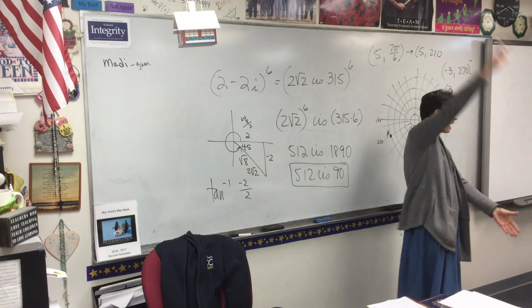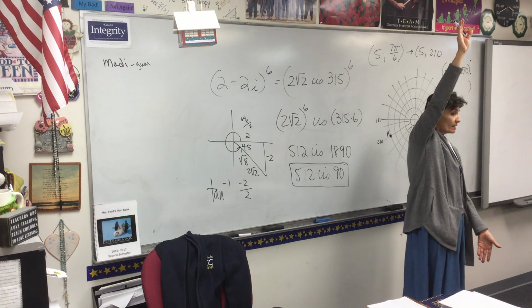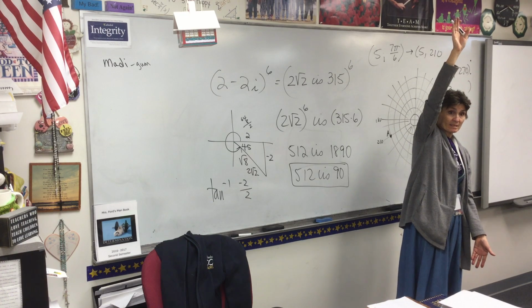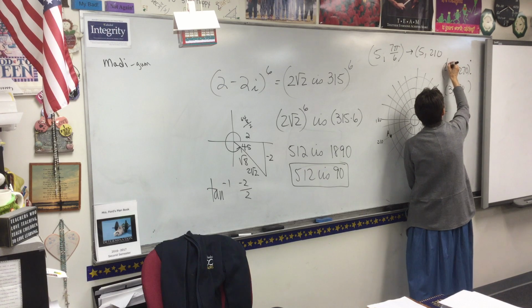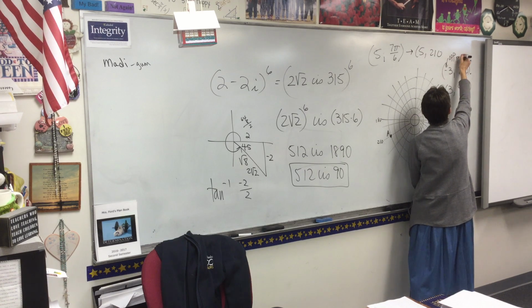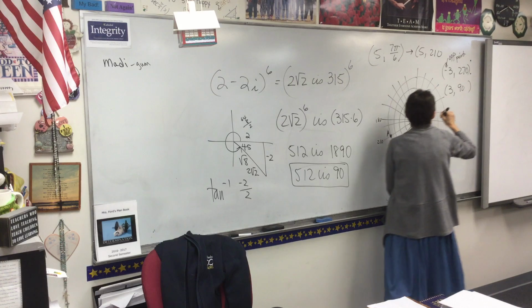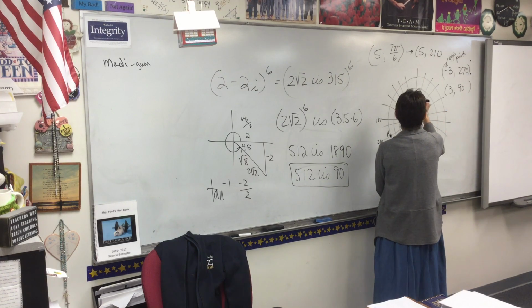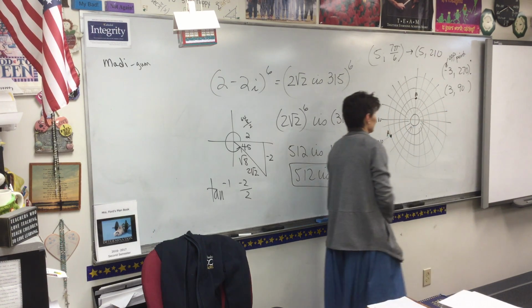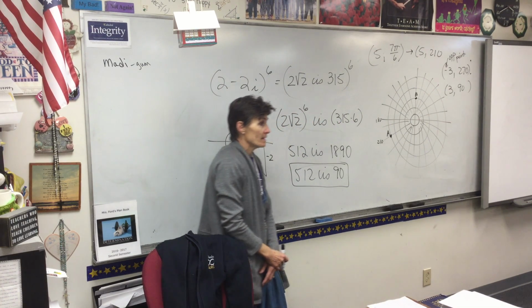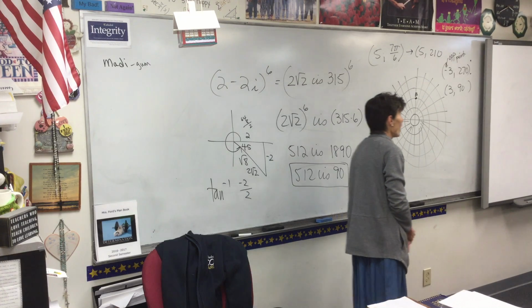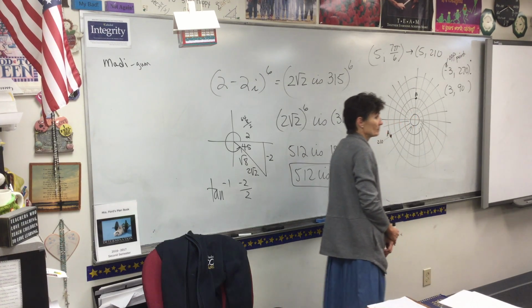I'm going to plot it at the opposite of 270, and the opposite of 270 is 90. This negative tells you to plot the opposite point. So I'm going to plot it at 3, on the 90. There is point B right there. A negative R plots you at the opposite point.